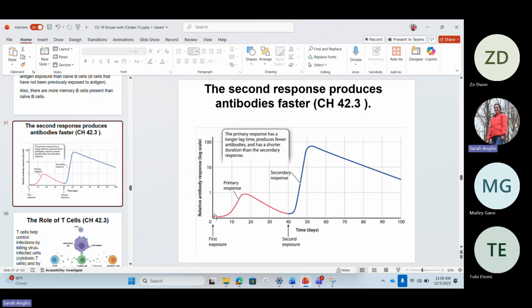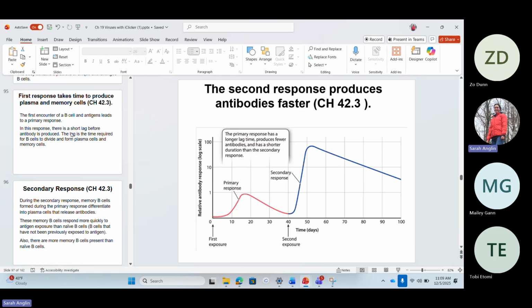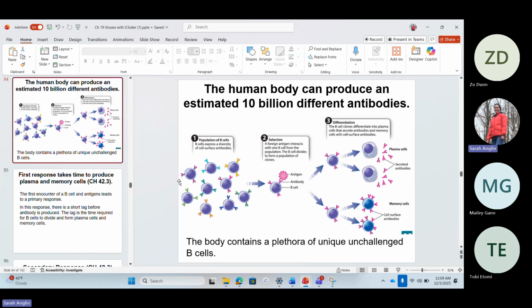So the first time you get sick, well, it's a bit different. If you get sick and it's the first time your body's ever been exposed to that virus and you've never had the vaccine for it, right? That's why you feel rotten for a week or two, because it takes time for your body to go through the process of the cells identifying the antigen, and then through cell differentiation.